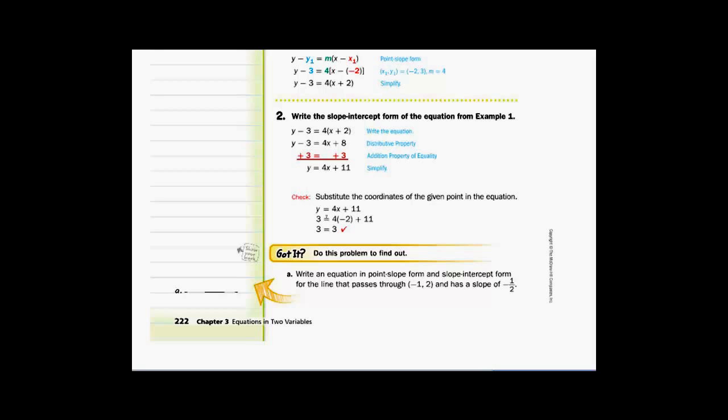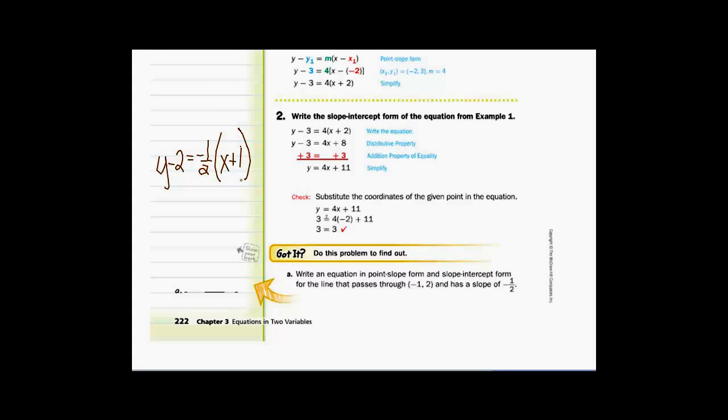Okay, back with me. On A, here's what you should have got. You should have gotten for the point slope form: y minus 2 equals negative 1/2 parentheses x plus 1.